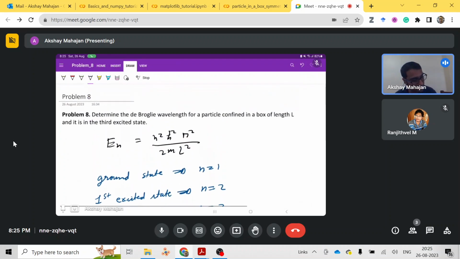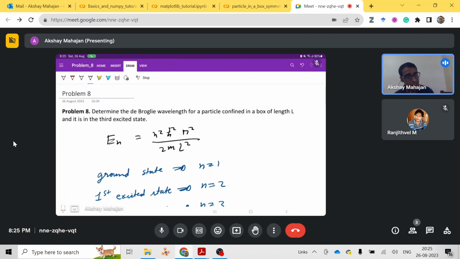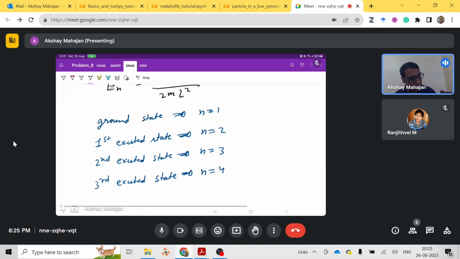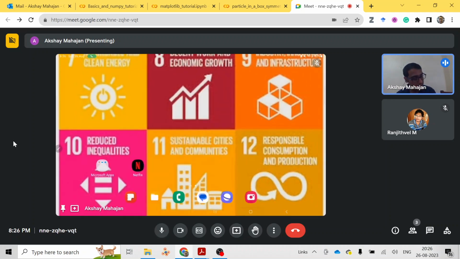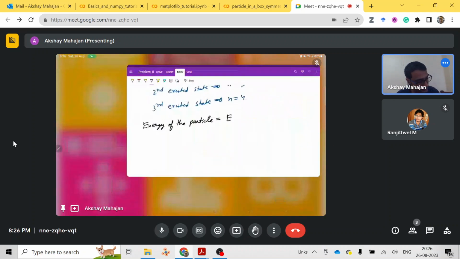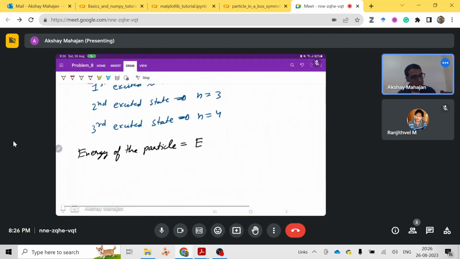What we have to find is the de Broglie wavelength for our particle, which is in this third excited state. So first we will find the energy of the particle. Third excited state means n equals 4, so the energy of the particle will be E4.